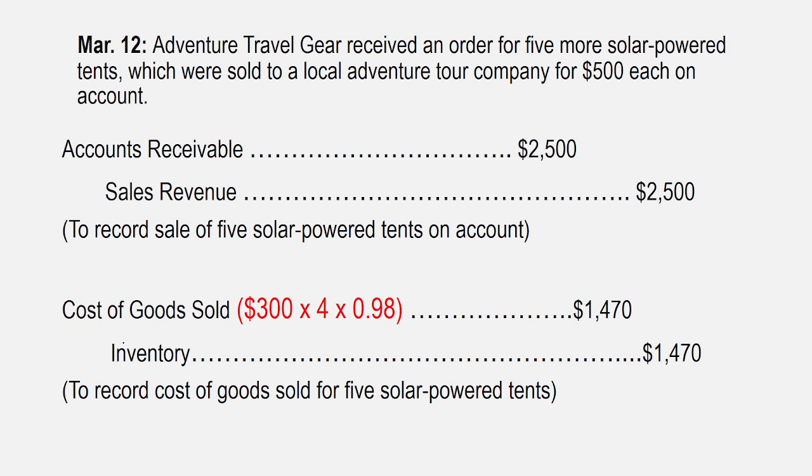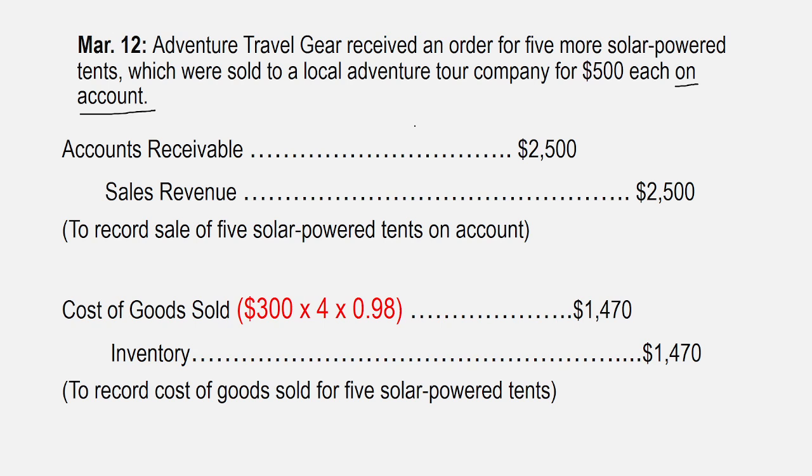In the next economic scenario that takes place on March 12, Adventure Travel Gear received an order for 5 solar power tents, which were then sold to a local adventure tour company for $500 each on account. Again, we have on credit or on account mode, so we should use accounts receivable or accounts payable to record this economic scenario.